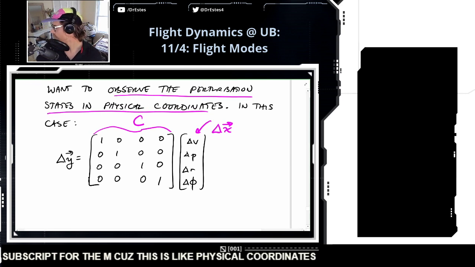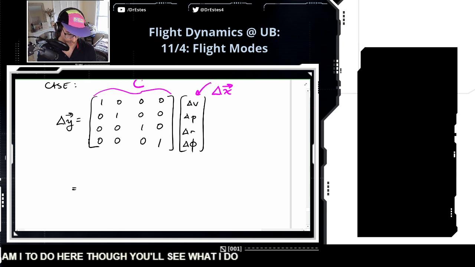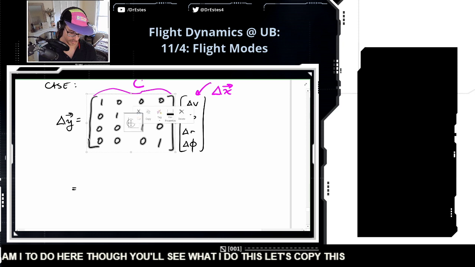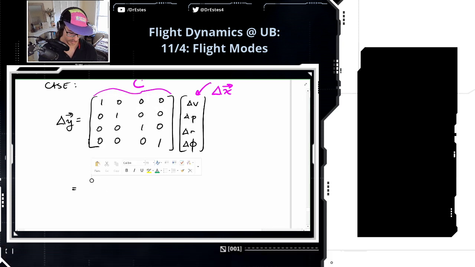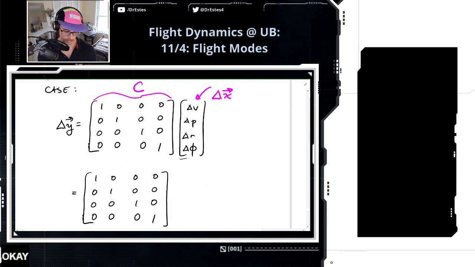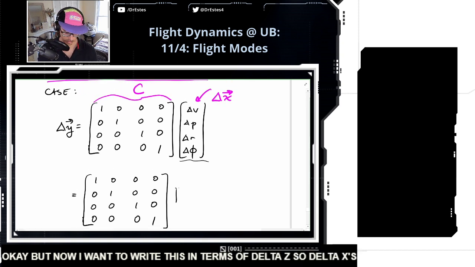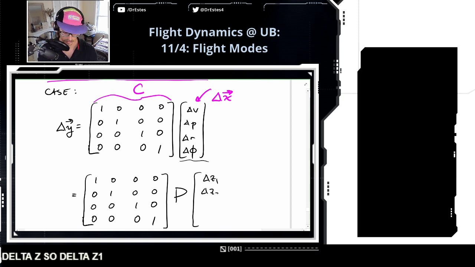Hold on a second. Okay, what I'm going to do here, though, you'll see what I do. Shoot, let's copy this. Okay, but now I want to write this in terms of delta Z. So delta X is our P matrix times delta Z. So delta Z1, delta Z2, delta Z3, delta Z4.